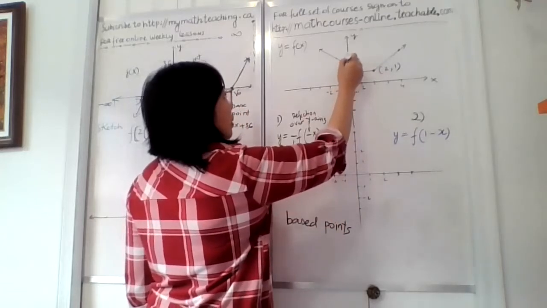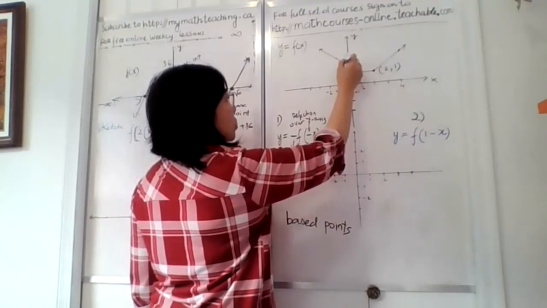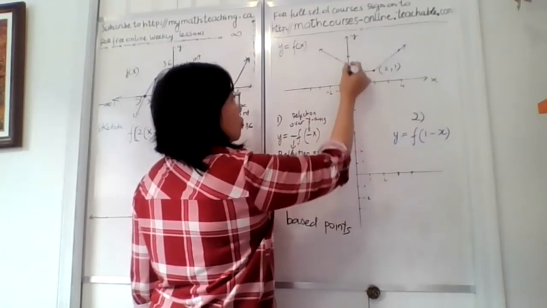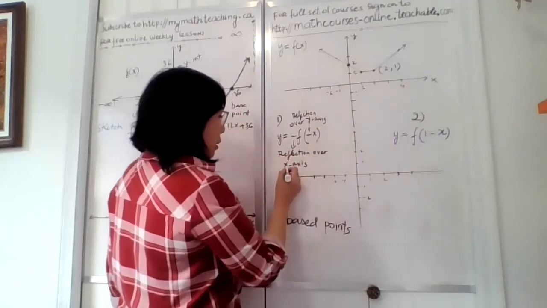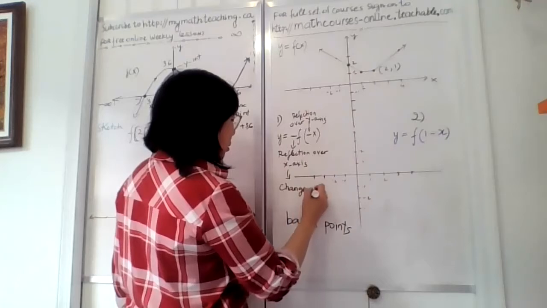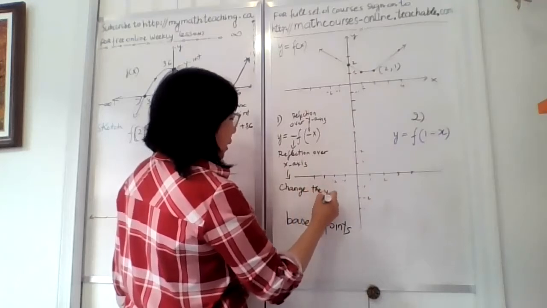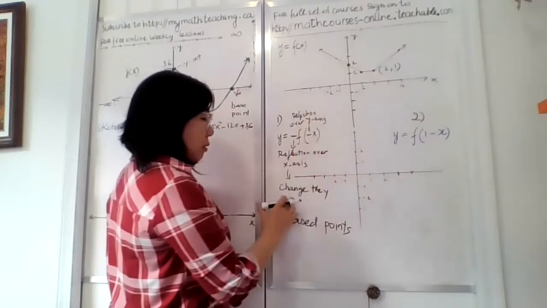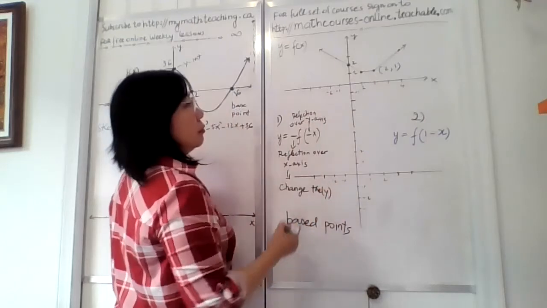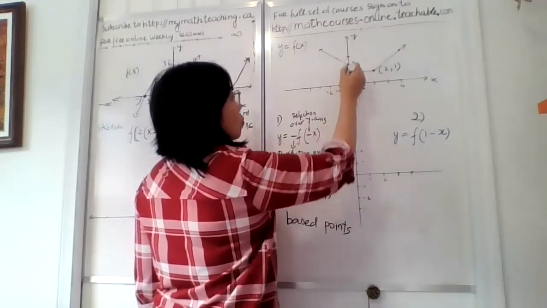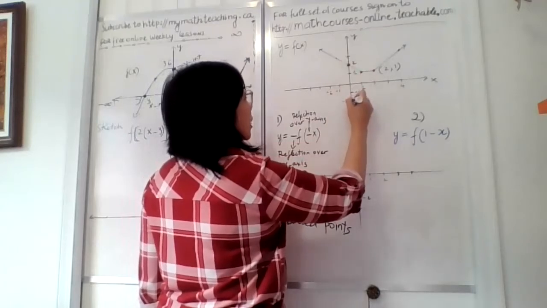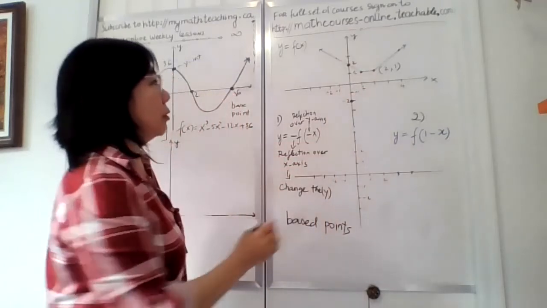If my base point here is 2 for y, then reflection over the x-axis will change the y and not the x. So the output is the same, but we have to change the y coordinate, right? So 2 becomes -2. So this point will reflect down here, becoming that point.